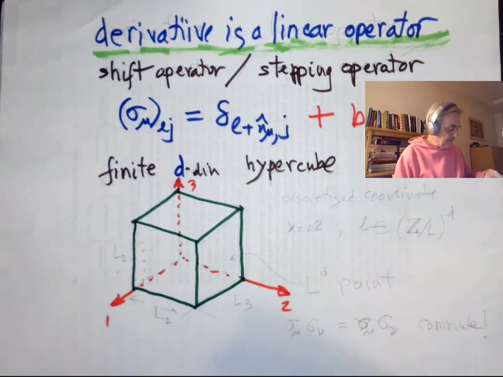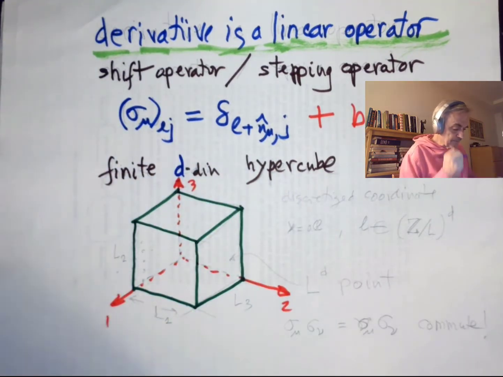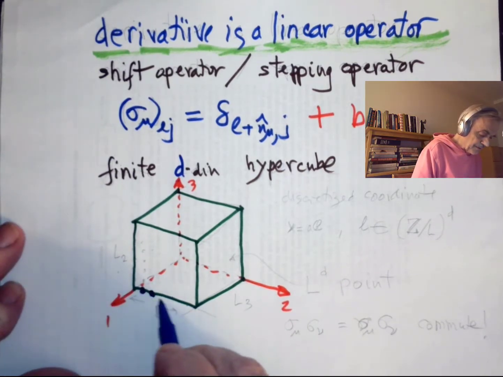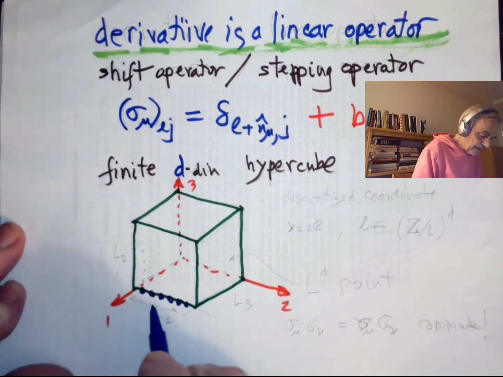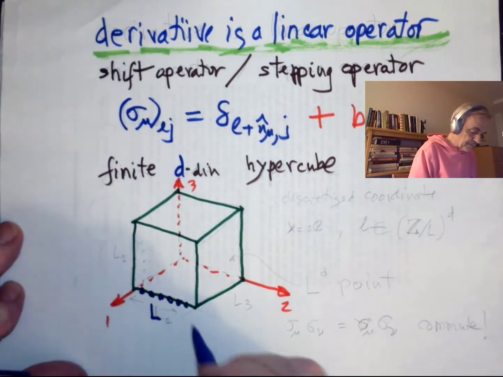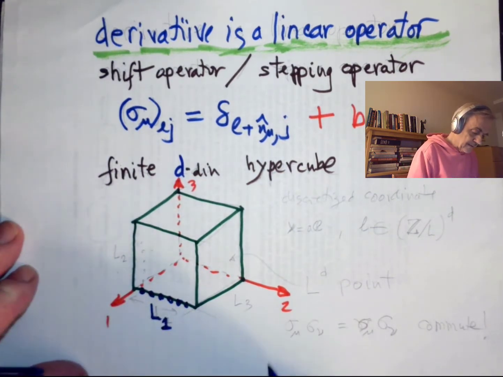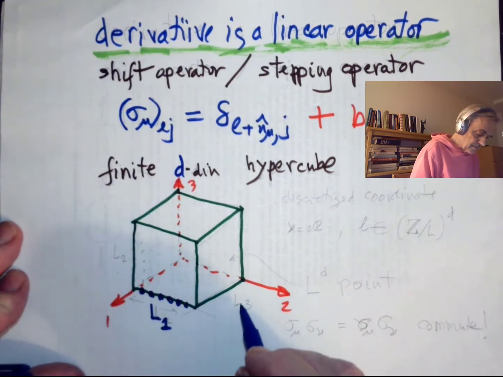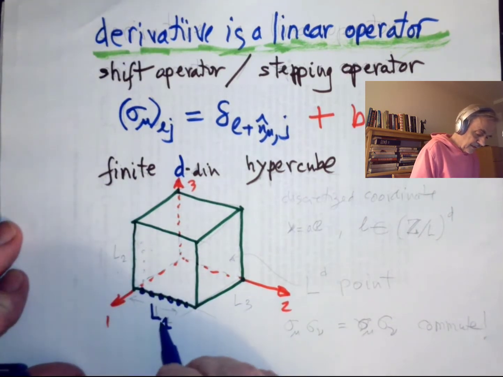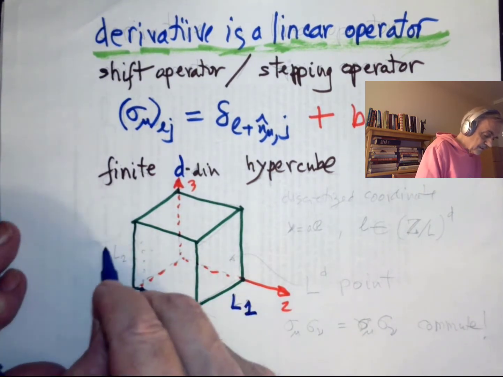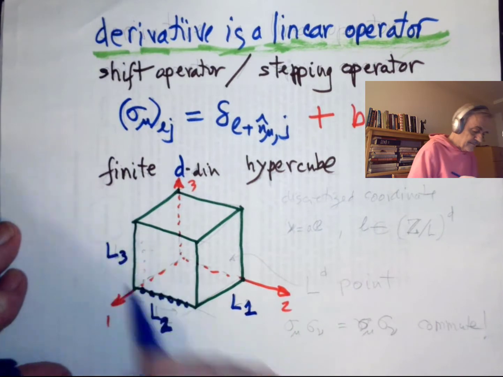But you have finite patience, or your computer has finite patience, so you have to put some number of points, and we call that number L. This is an integer, which is the number of points in direction 1. You have to do the same in direction 2, direction 1, direction 3.